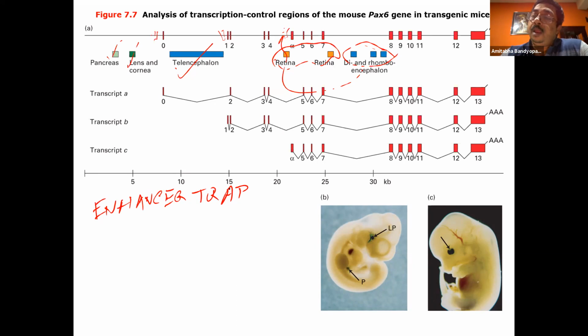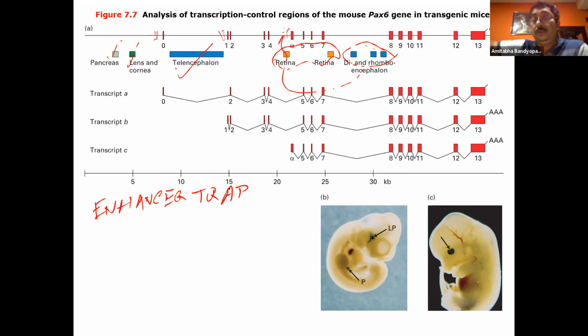Now, if this reporter sequence by chance gets recruited close to a promoter or enhancer, then you will get reporter expression. There is no guarantee, but if you see reporter expression in your favorite tissue or cell type, then you can see where it has been integrated.